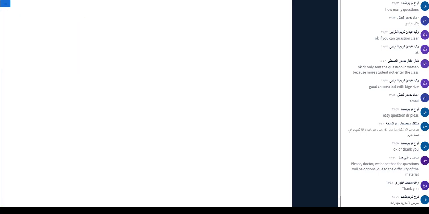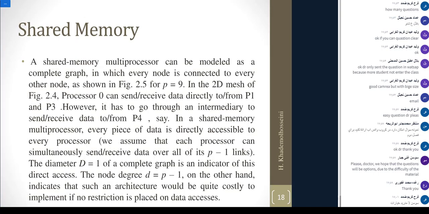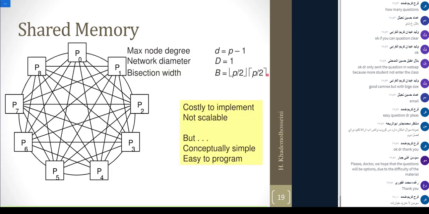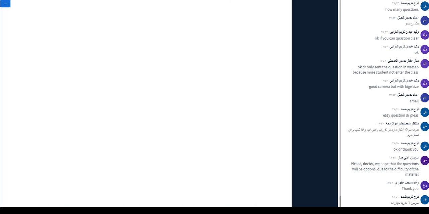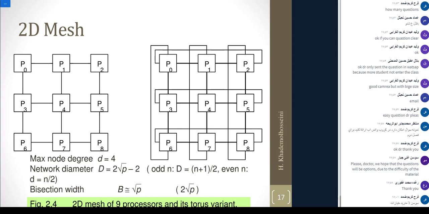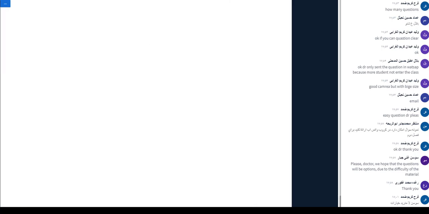And we might be asked about the maximum node degrees, network diameters, and bisection width in each architecture. I mean in shared memory, binary tree, linear array, 2D mesh, torus, and so on.